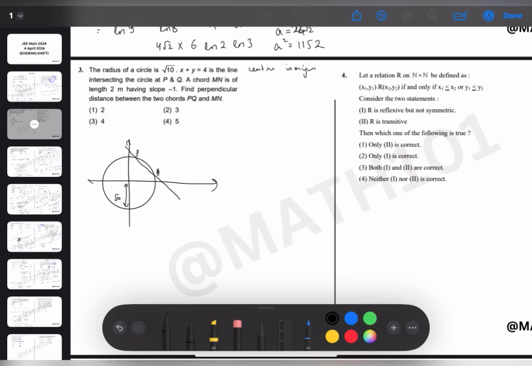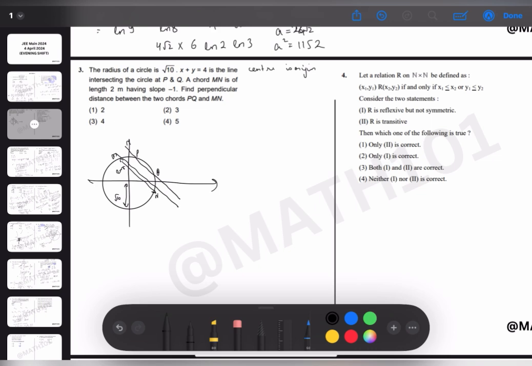So it is parallel to this, 2 meter, something like this, being 2 meter. So what we'll do is we'll find the distance of chord PQ and chord MN from origin.